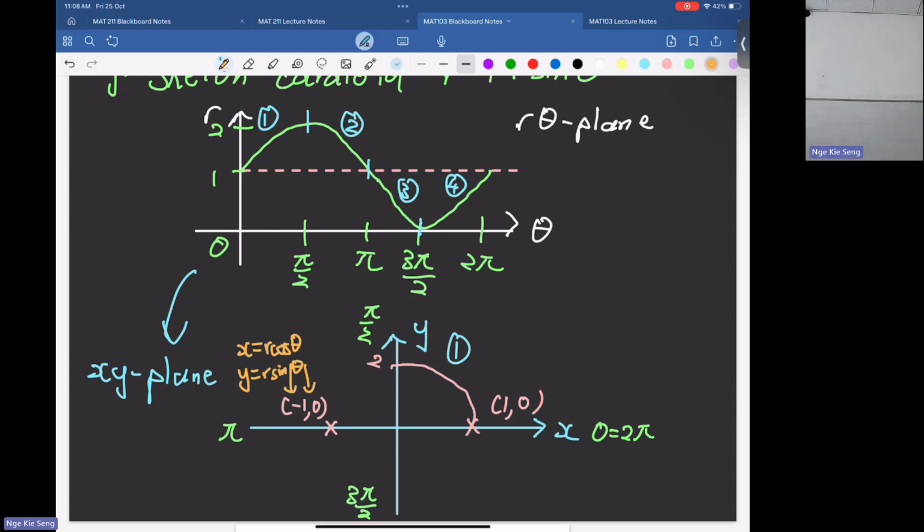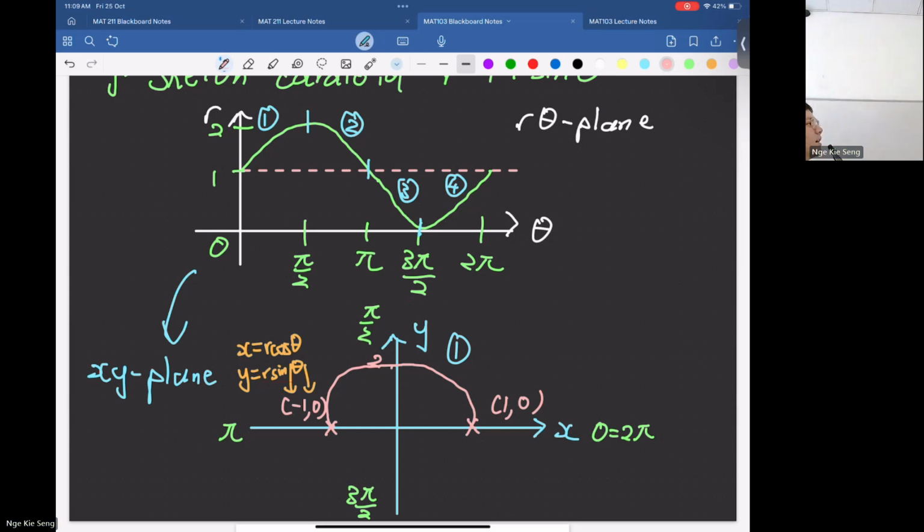Cos pi is what? Cos pi is -1. So -1 times 1 is -1. All right. So you have your radius decreasing until you reach this point. A bit ugly. Okay, never mind.